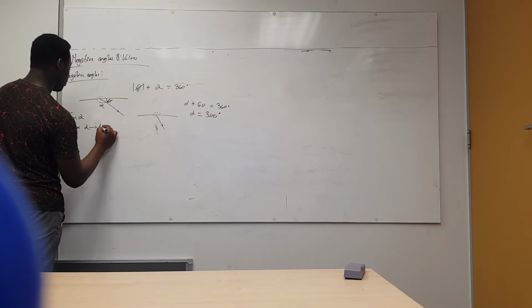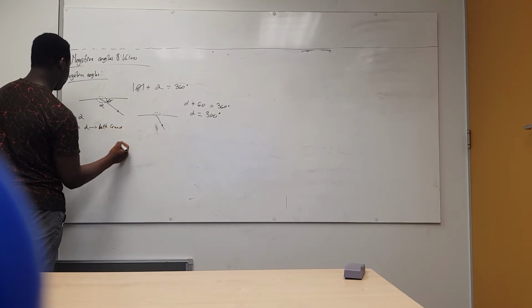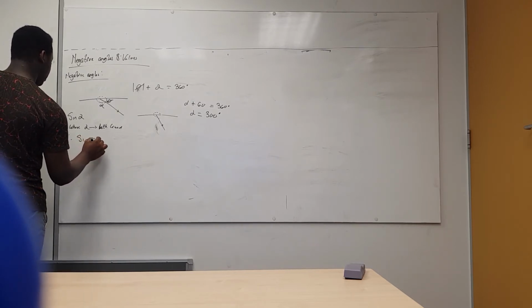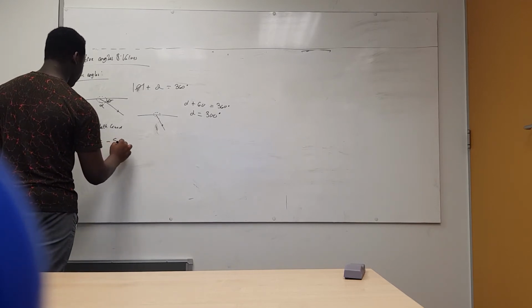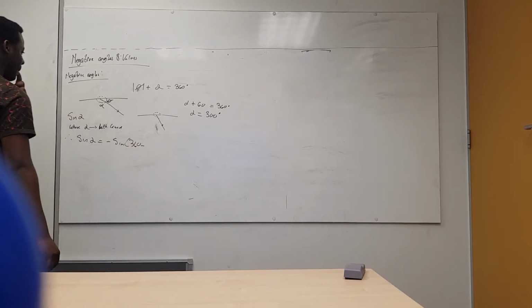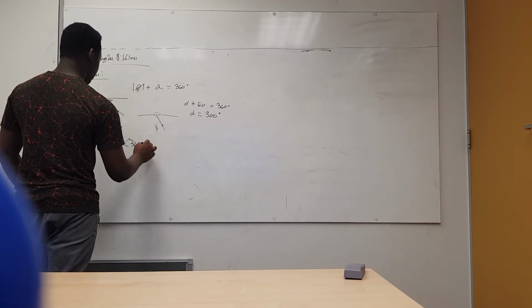Therefore, sine of alpha is equal to what? Is equal to negative sine of 360 minus phi.